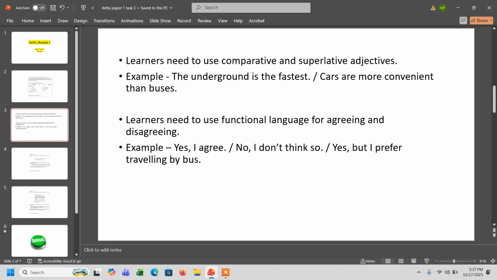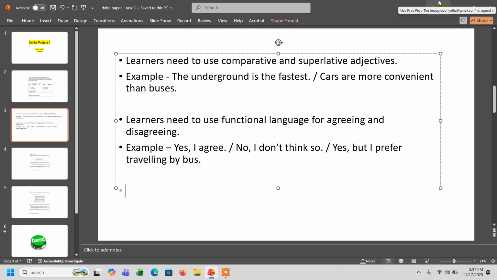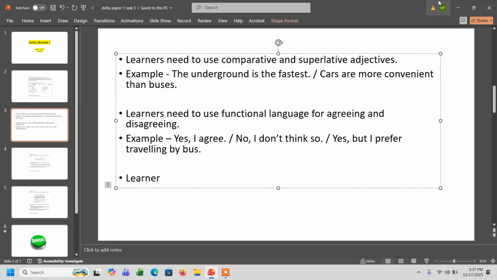So because, or, maybe although: learners need to use conjunctions, such as but or because. So conjunctions and linkers to give reasons.